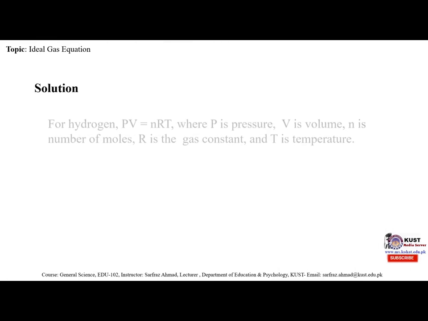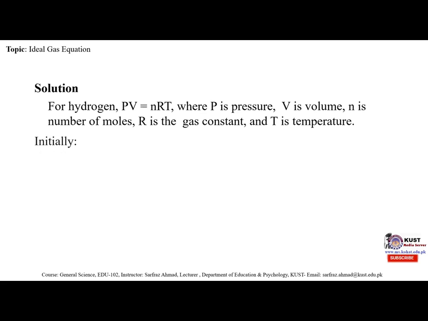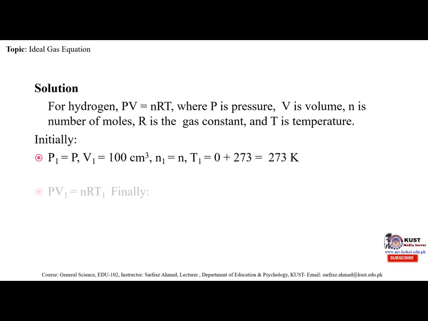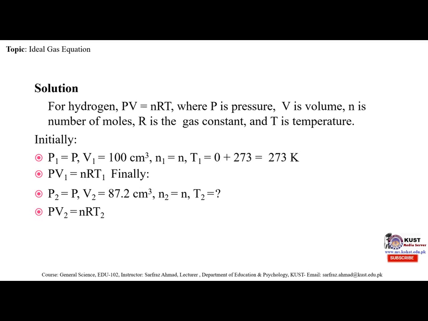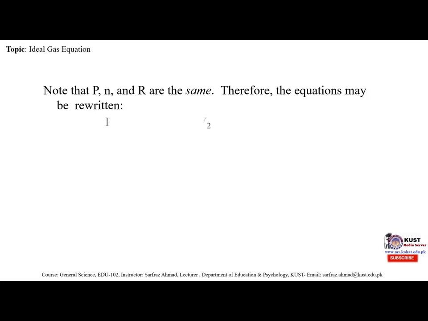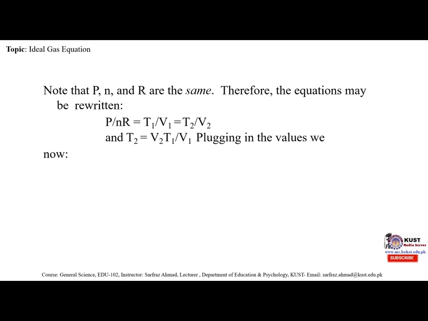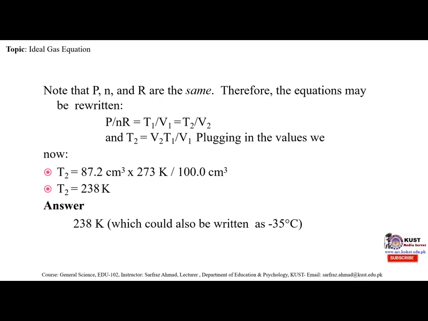We can also do it with this equation, PV is equal to nRT, just by taking the values and putting them in the equation, and after multiplication we can get its value.